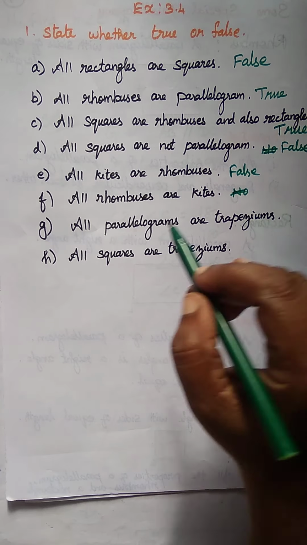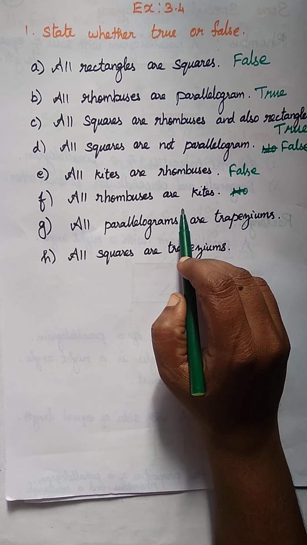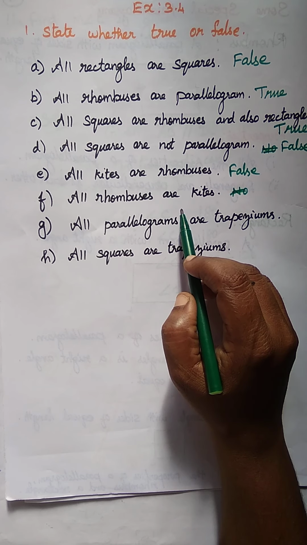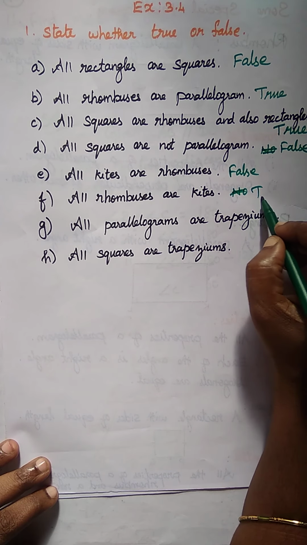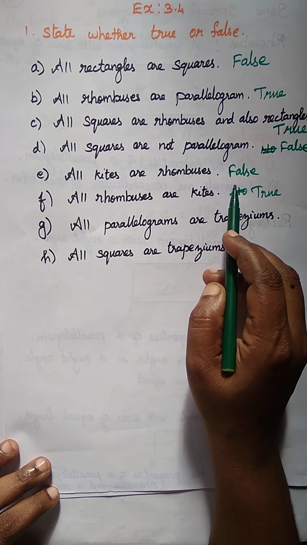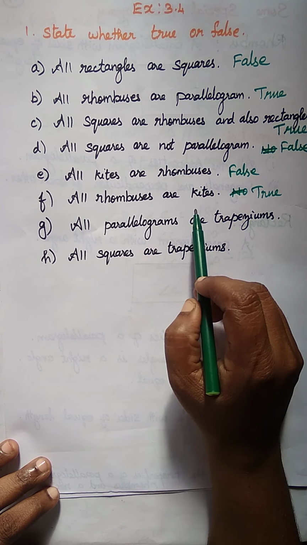Now see, all rhombuses are kites? Yes, true. But all kites are rhombuses is a false statement, while all rhombuses are kites is true.